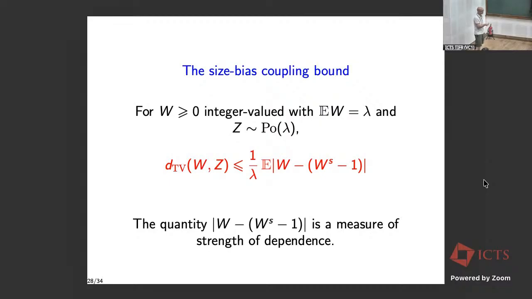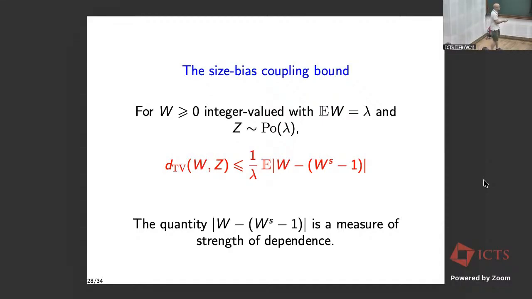If W itself is a Poisson random variable, right, the size bias is just the original variable plus 1. Then you subtract 1, you get back to the original. So that would just be 0. So if W is Poisson indeed, that's just 0. You can couple that perfectly, right? The construction of the size bias is just take the original Poisson and add 1. Then you've constructed the size bias. And then you subtract 1 again, you're back to the original.